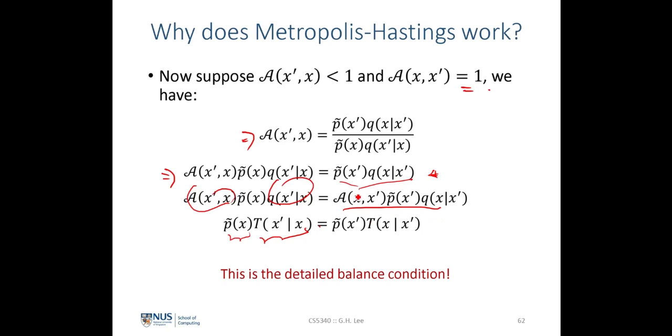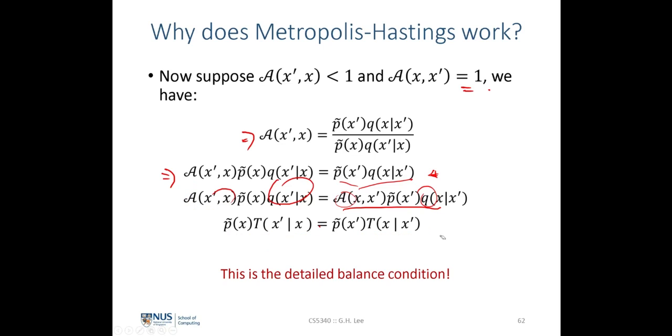We collectively call a and q our transition kernel, pre-multiplied by our unnormalized target distribution of x prime, where x prime represents the current sample and x represents our previous sample.